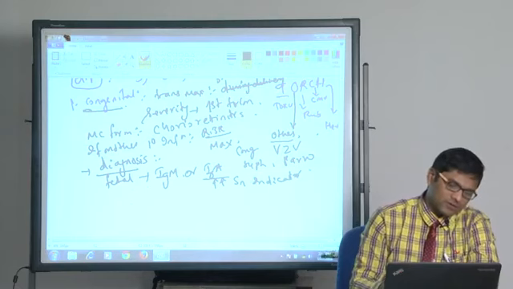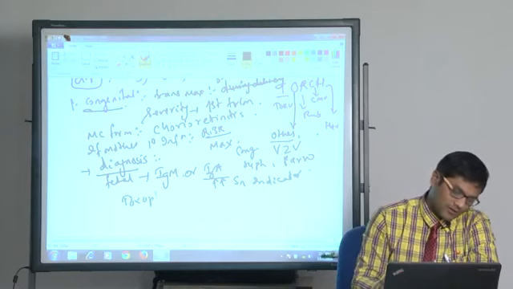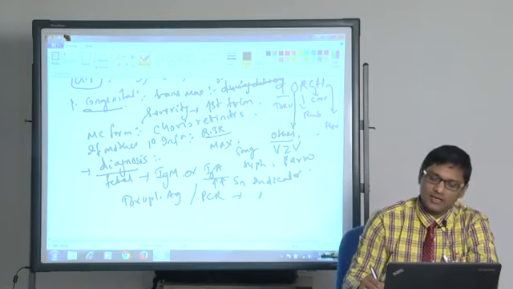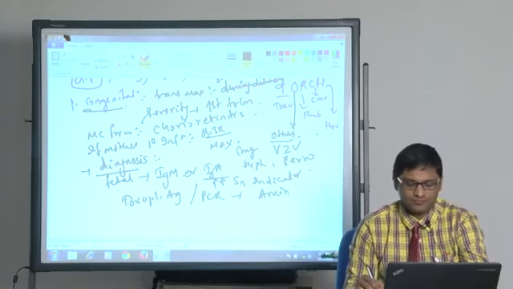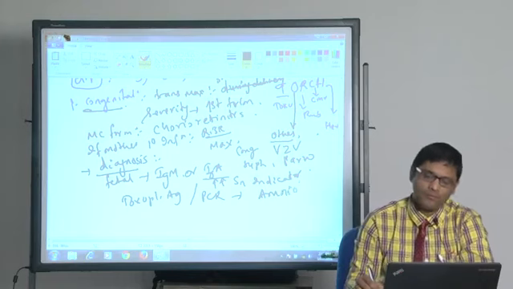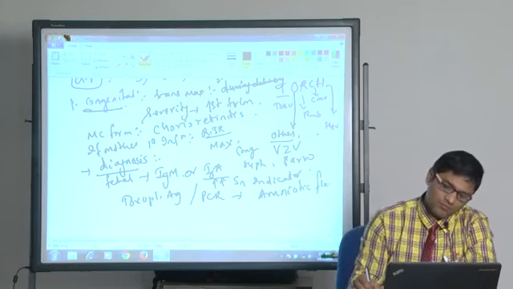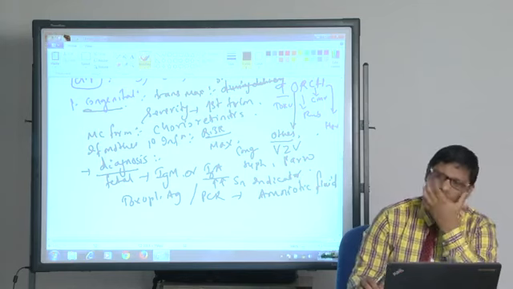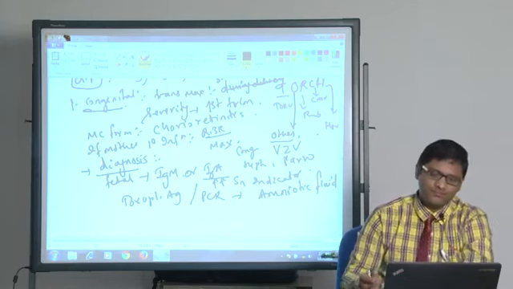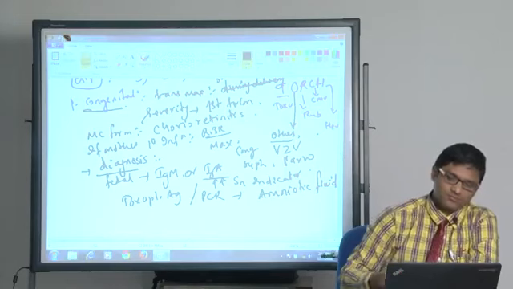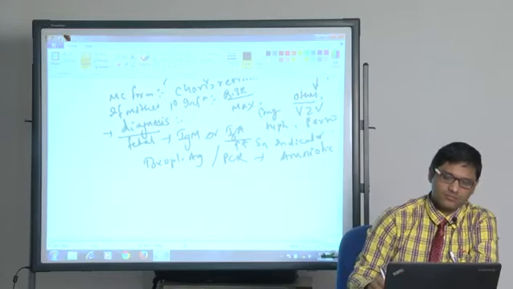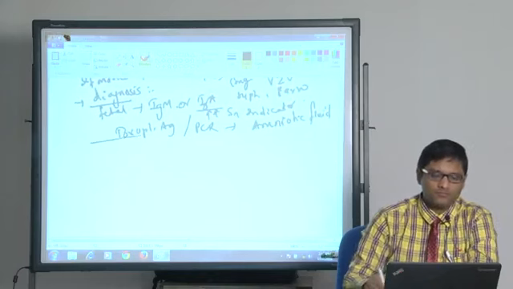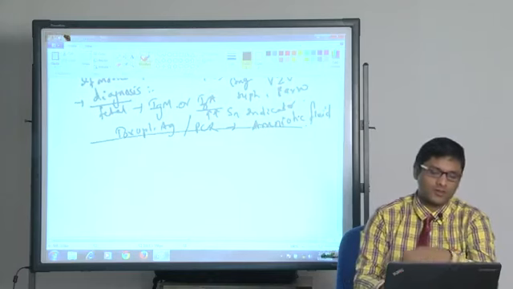Other than that, of course, toxoplasma antigen can be detected, or you can go for a PCR detecting the gene in amniotic fluid. Okay. So this is about congenital toxoplasmosis.